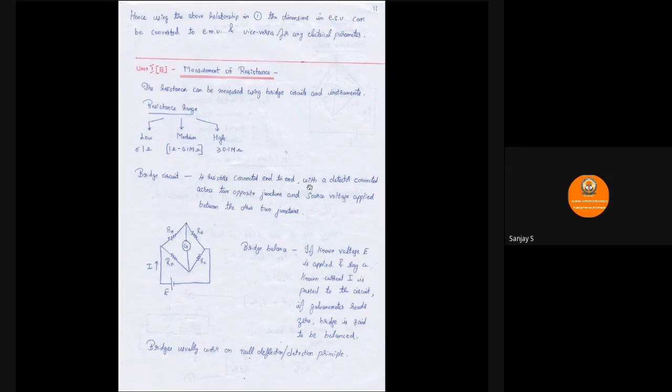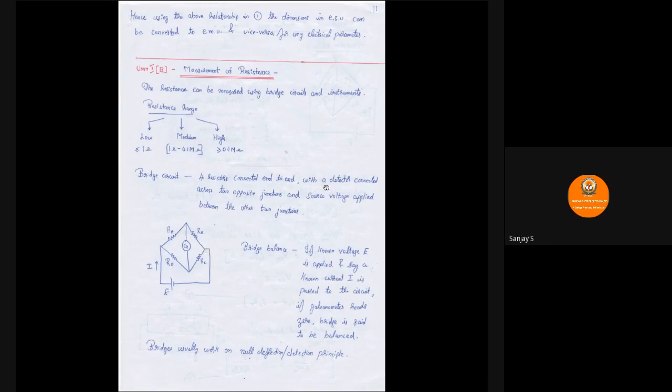Then next line, with a detector connected across 2 opposite junctions. Whenever you have connected 4 resistors end to end, you will have 4 junctions. I'm showing you, just have a look. This is one junction, this is the other junction. Between RA and RB you have 1 junction, between RC and RD 1 junction, between RA and RD another junction, between RB and RC another junction.